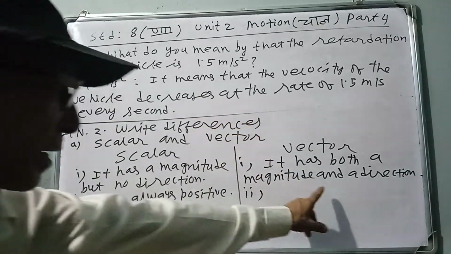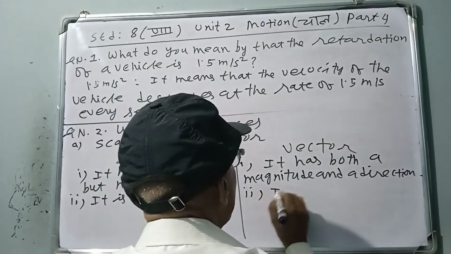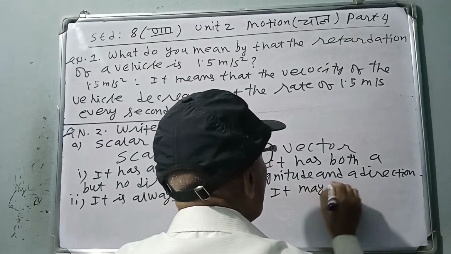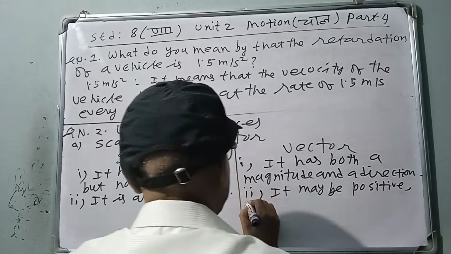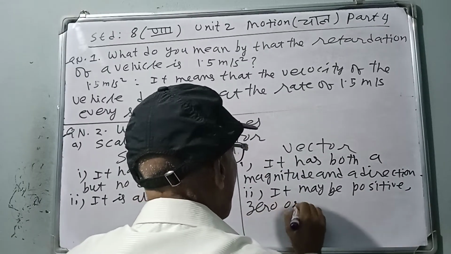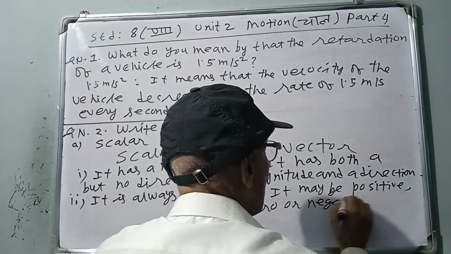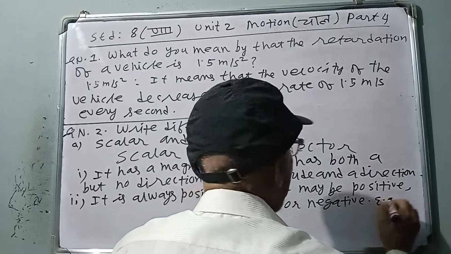A vector may be positive, zero or negative.